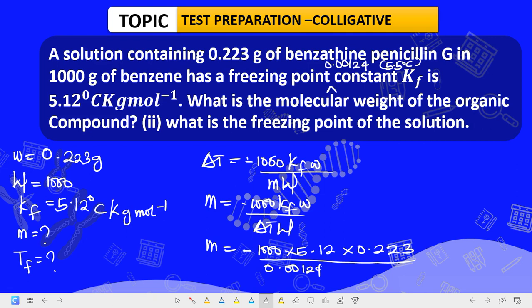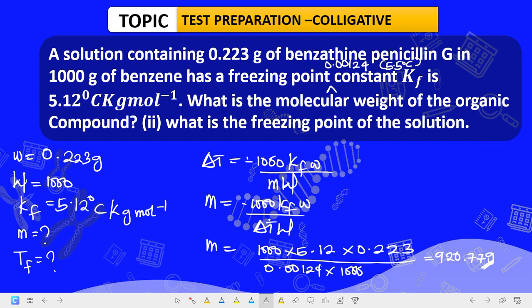Now this negative is just telling us that there is a reduction in the freezing point. You may not need to put it. Then times big W is the mass of benzene that was used, which in this case is 1000 gram. So now if you simplify, you are going to get 920.77 gram as the molecular weight of the organic compound.